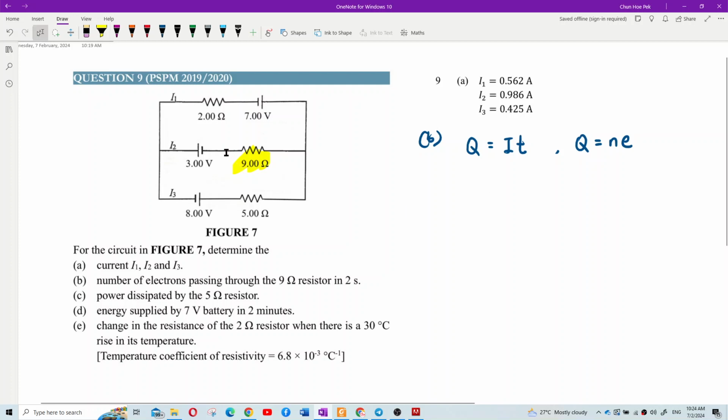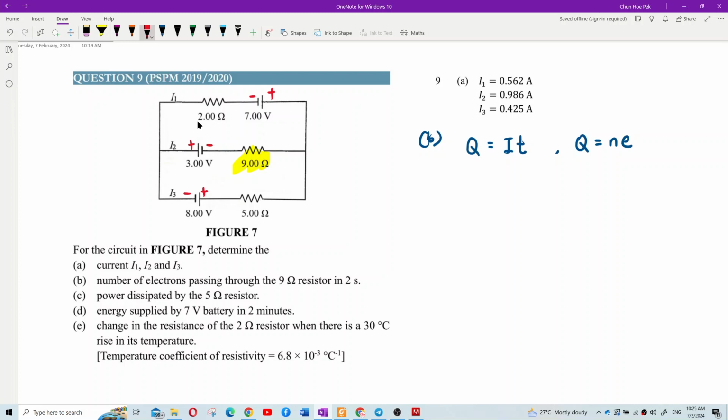Now, what is the current passing through the 9 ohm resistor? We must know which current: is it I1, I2, or I3? We labeled them before: negative, positive, negative, positive, negative, positive.